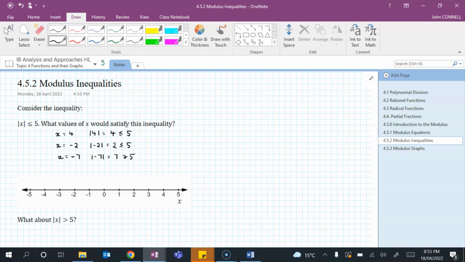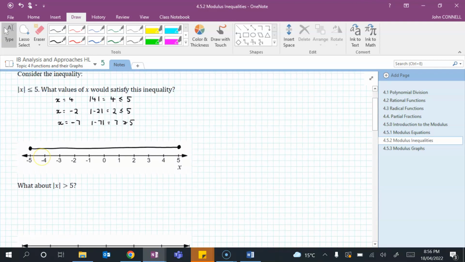It will only be the ones between negative 5 and positive 5. Once we go lower than negative 5, the modulus takes away the negative sign, and so we have numbers that are greater than 5.